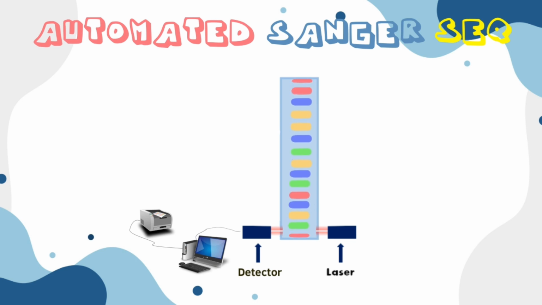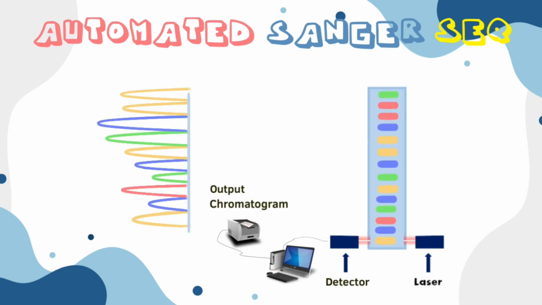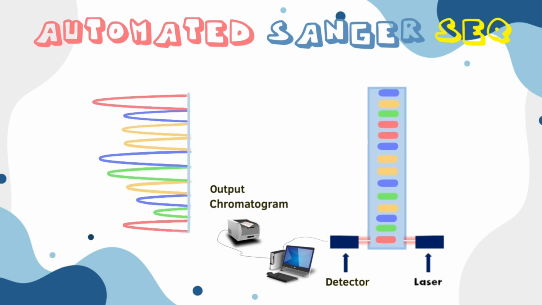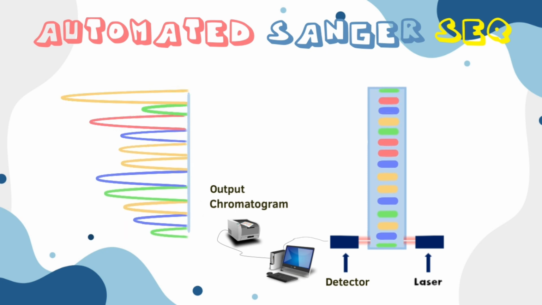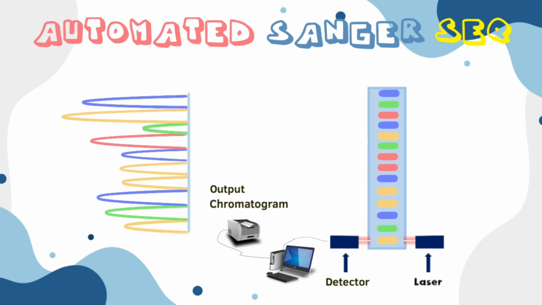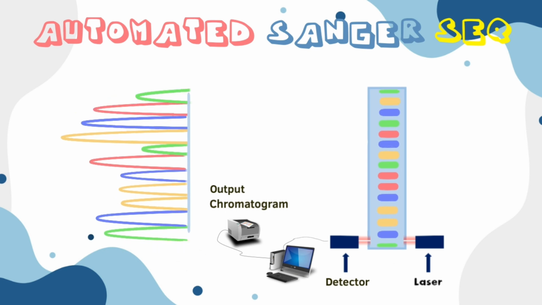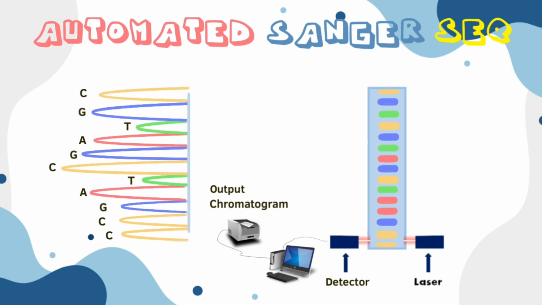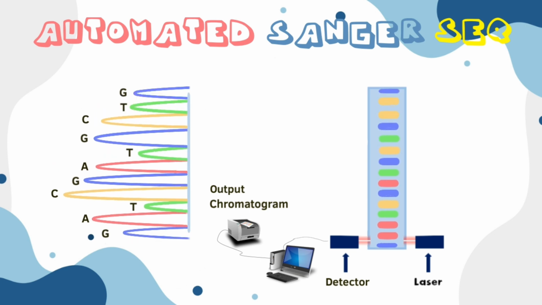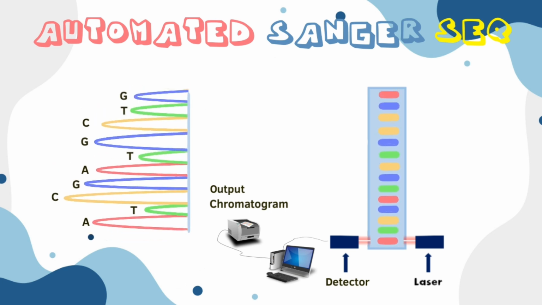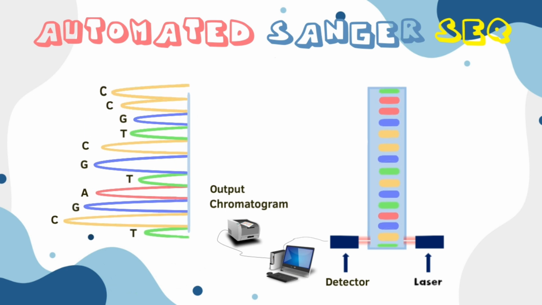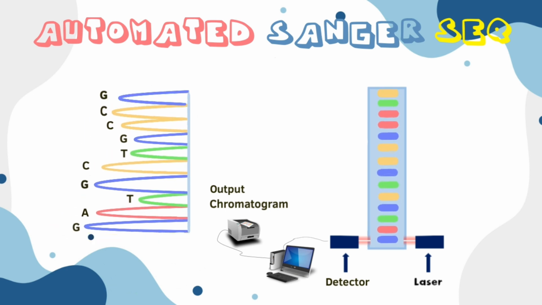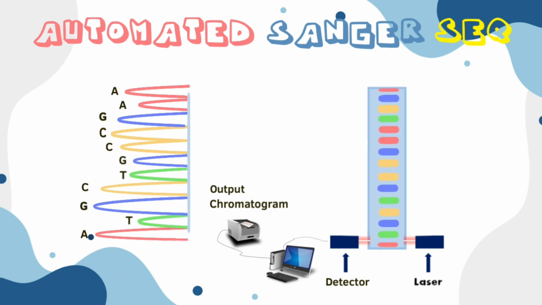Because each of the 4 ddNTPs is labeled with a different fluorescent marker, the emitted light can be directly correlated with the identity of the terminal ddNTP. The computer outputs a chromatogram which shows a fluorescence peak for each nucleotide along the length of the template DNA.